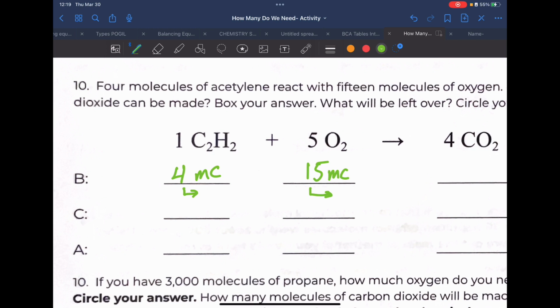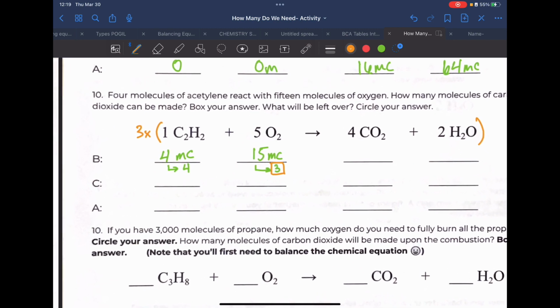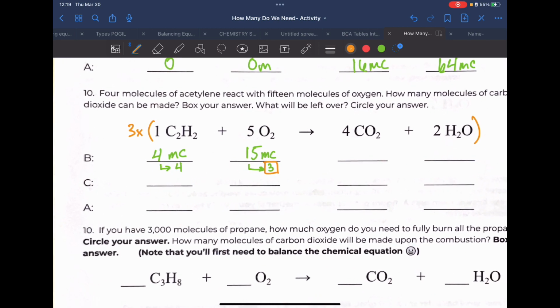So 4 divided by 1 is 4, and 15 divided by 5 is 3. So we're going to take the smaller number here, take 3, pull it up here. We're going to do this whole reaction 3 times. We're following the recipe 3 times. Now I distribute the 3. 3 times 1 is 3.